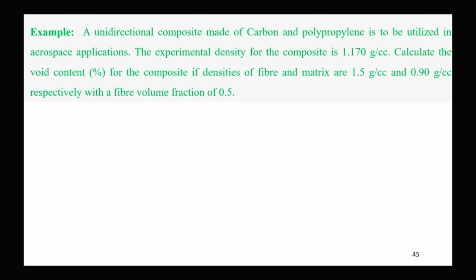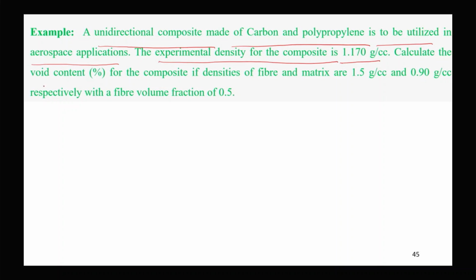Next is a unidirectional composite made of carbon and polypropylene to be utilized for an aerospace application. The experimental density for the composite is 1.170 gram per cc.